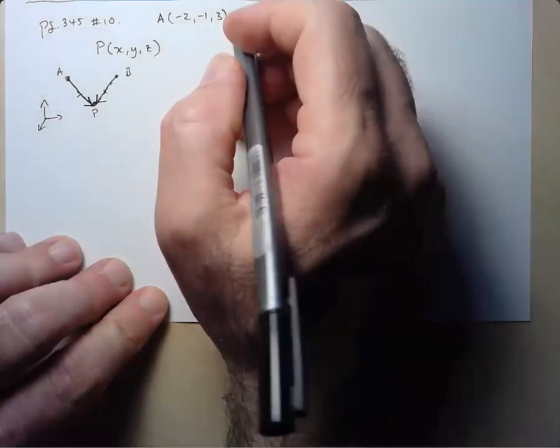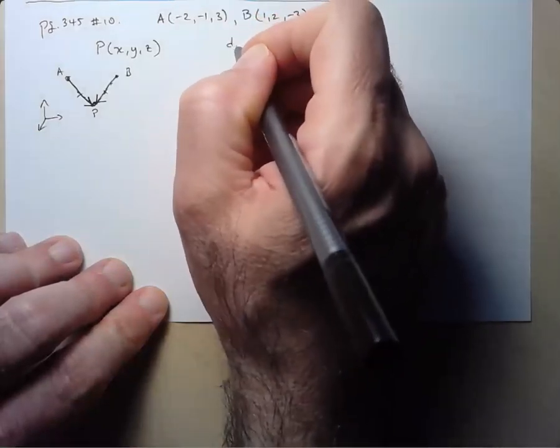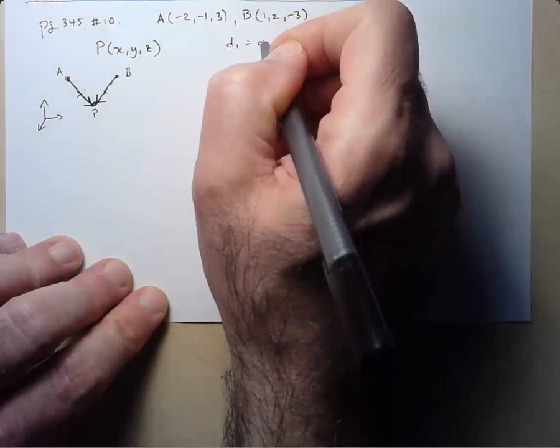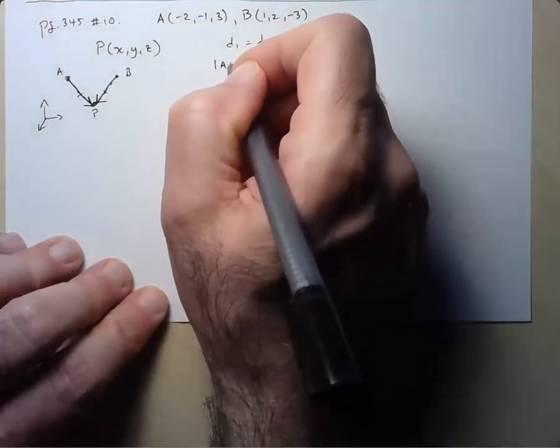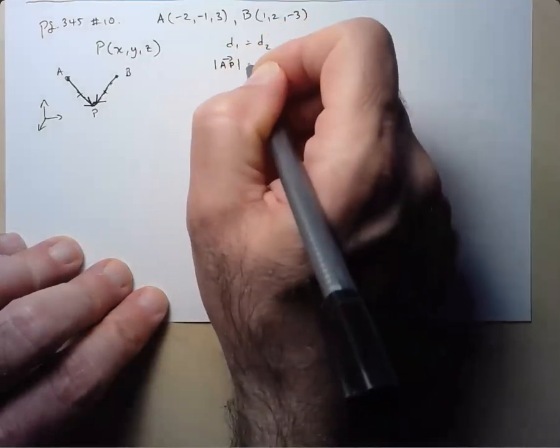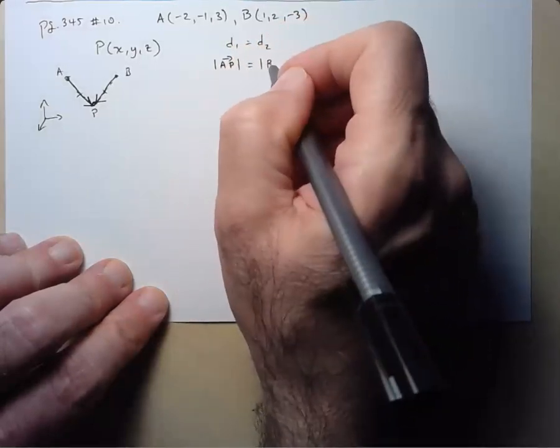So essentially, for those distances to be the same, I need the magnitude of the vector AP to be equal to the magnitude of the vector BP.